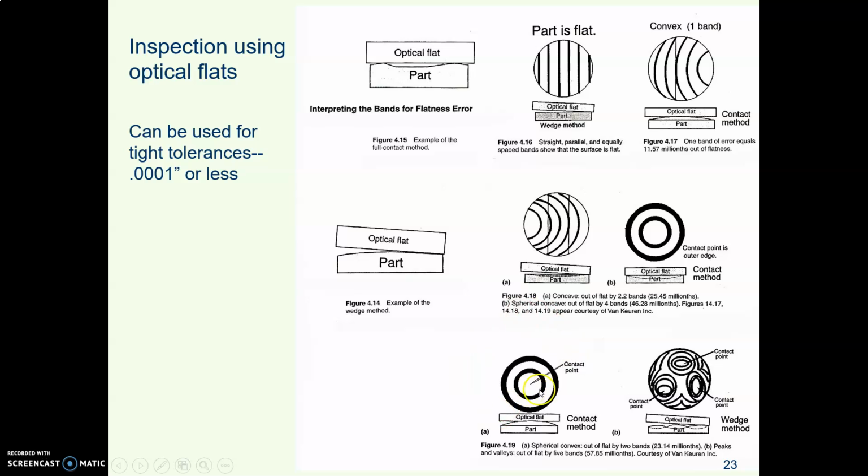And you can actually get quite accurate. Here are some of the kinds of patterns that you can register in these optical flats. And then your inspector will measure how far apart these fringe lines are, and that will tell them how far out of flatness it is. So that's another method.